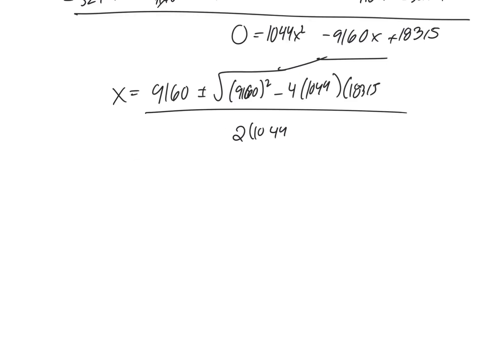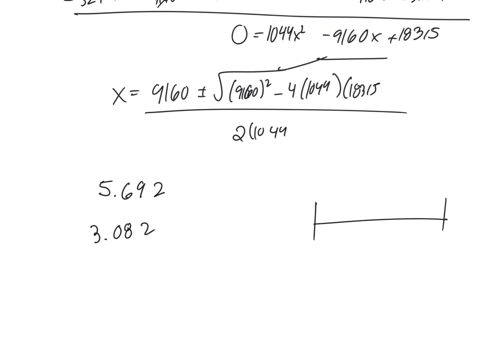And I think it wanted us to round to 3 decimal places. I'm getting 5.692, and 3.082. And notice that both of these answers are between 0 and 10, okay?